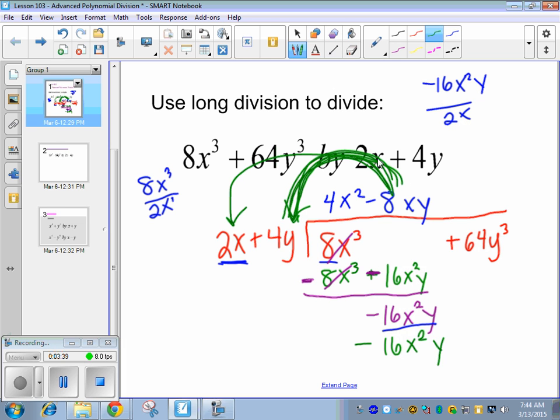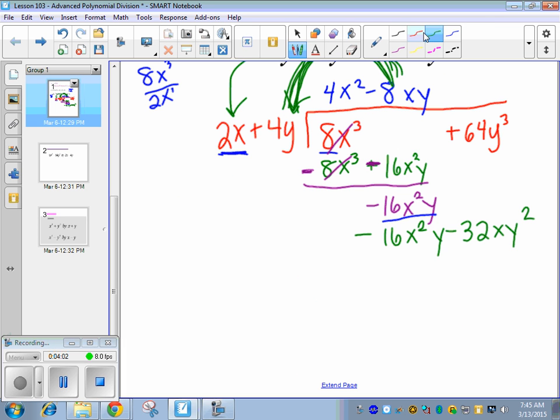What do I get? 4 times 8 is 32, then we have an x, and y times y is y squared, so negative 32xy squared. Next step, change the sign. I'm going to add, and add. These cancel out, and we have 32xy squared left over.